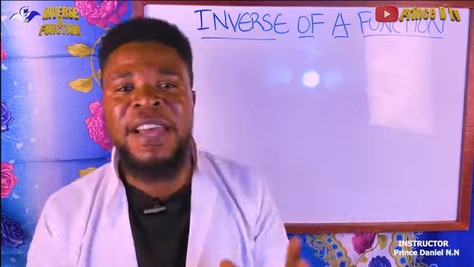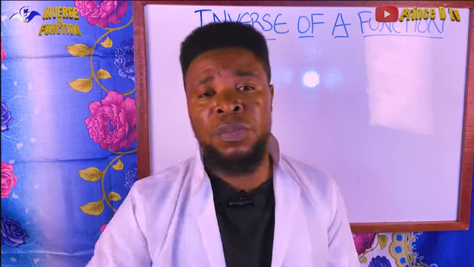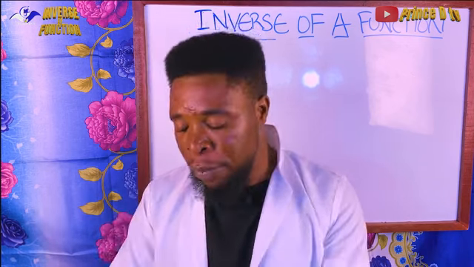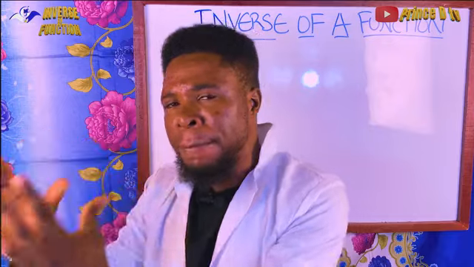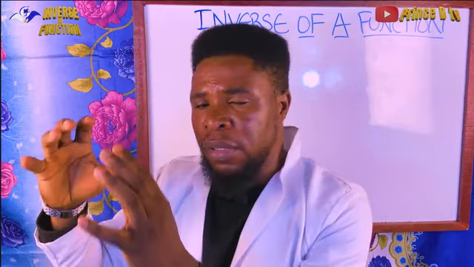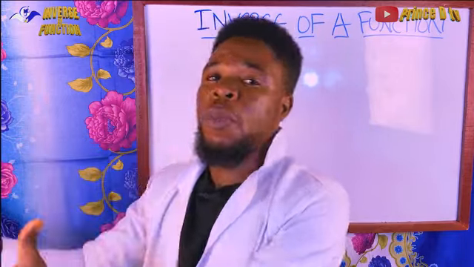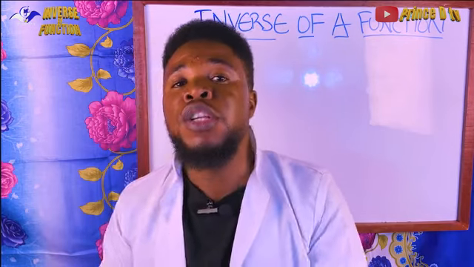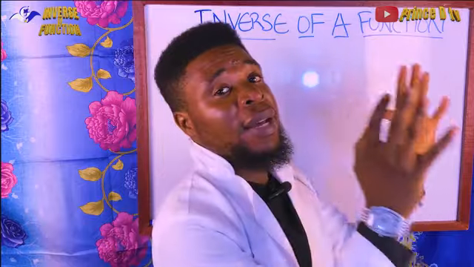So mathematically, when we talk of the inverse of a function, we are simply looking for a rule whereby we will be able to map elements from the codomain or the range to the elements of the domain.